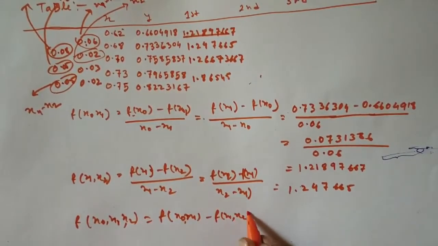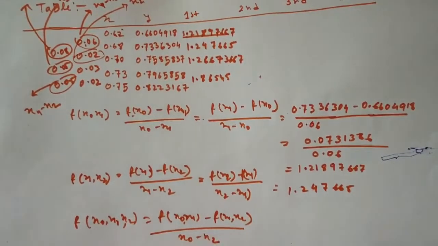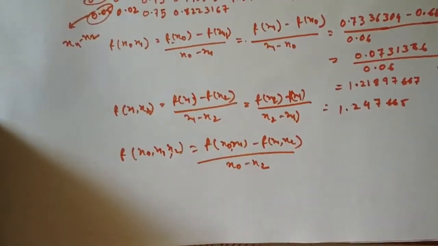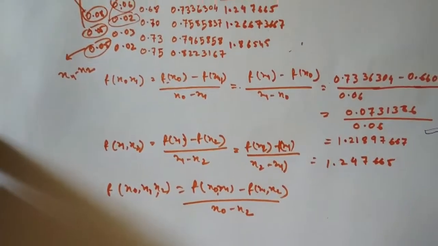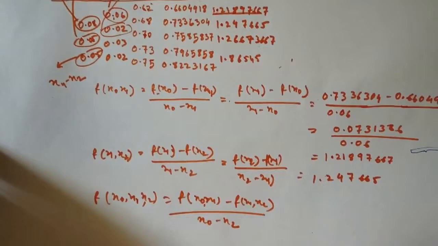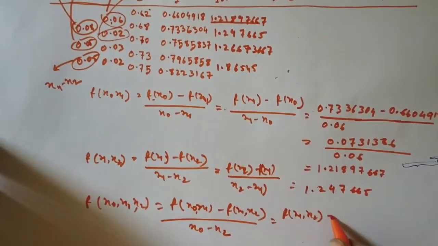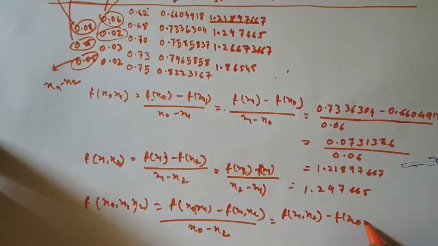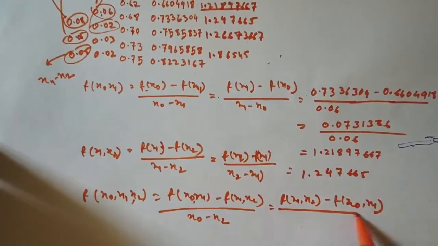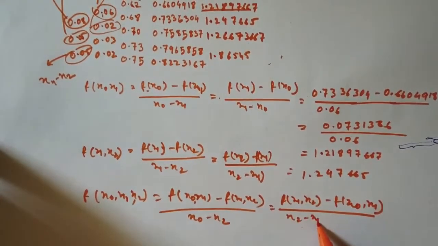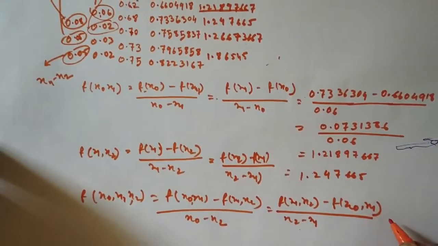First x0, x1, x2, write down the formula, use a calculator. Just write down the formula. Okay, reverse it again.